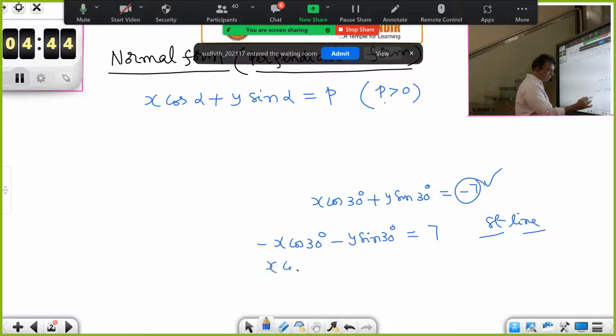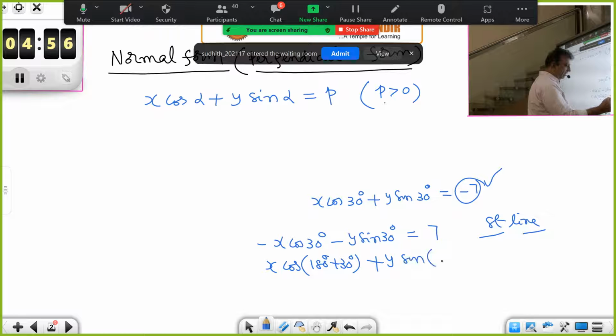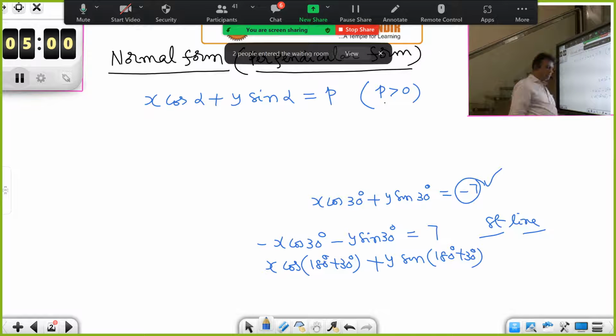So we write x cos (180 plus 30), because cos (180 plus theta) is minus cos theta. Similarly, y sin (180 plus 30). Sin (180 plus 30) is minus sin 30, cos (180 plus 30) is minus cos 30. So this is the correct normal form.